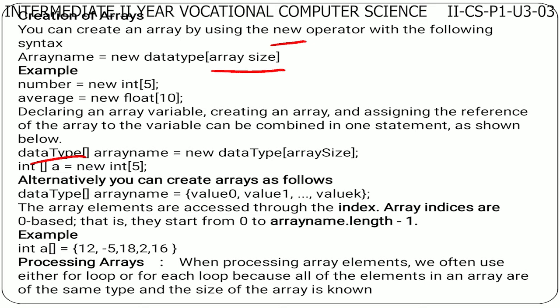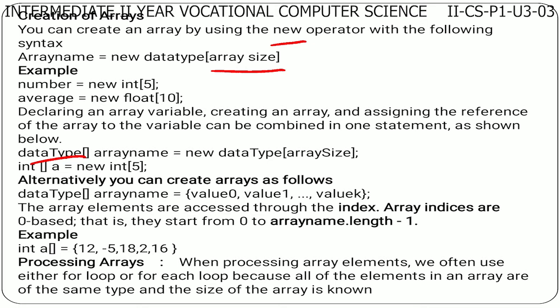Array indices are 0 based, that is they start from 0 to array name dot length minus 1. Here the example: int space a brackets equal to within flower brackets, I am assigning the values 12, 5, 18, 2, 16.